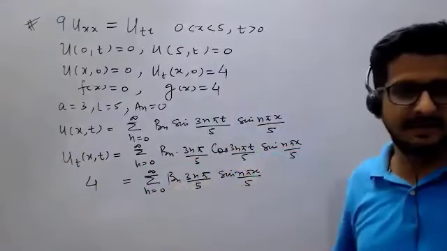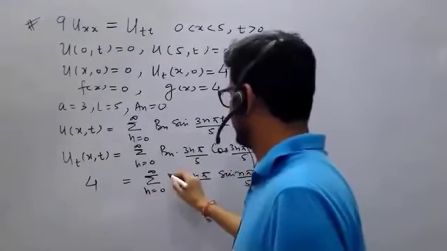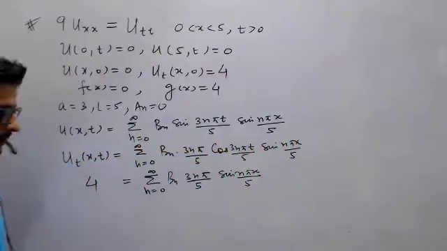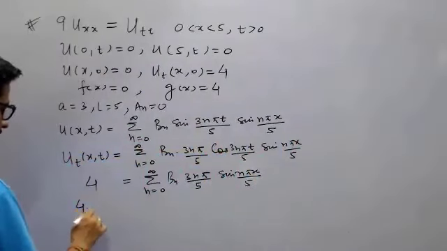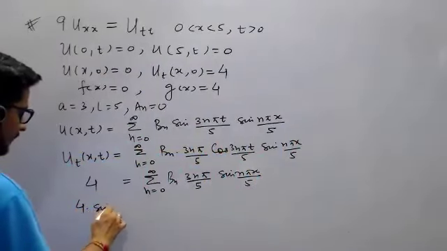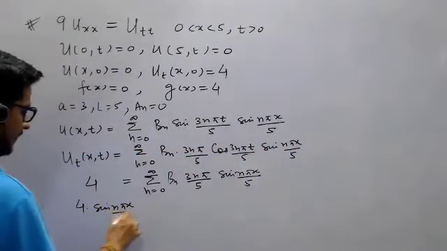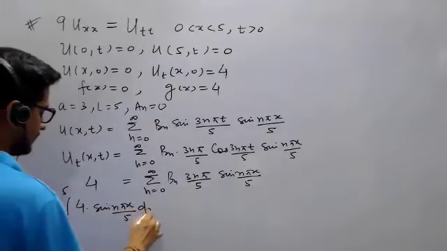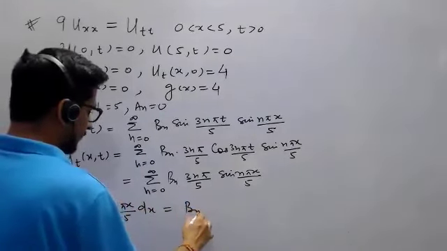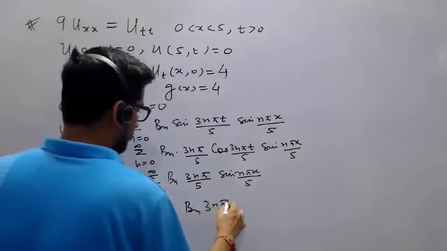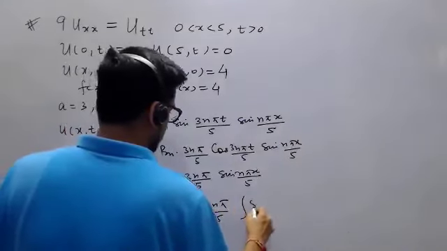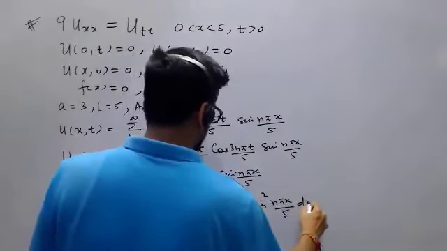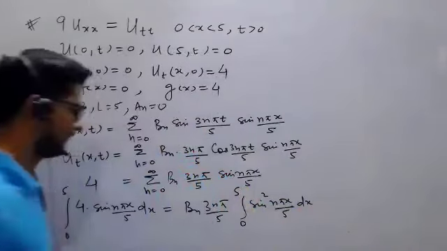But then I am interested in b_n. I want this b_n, so how to get that b_n? I told you. 4 into sin(n pi x by 5), integral 0 to 5 dx is equal to b_n (3n pi by 5) sin squared(n pi x by 5) dx from 0 to 5.